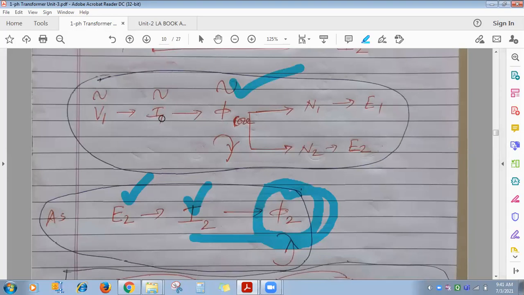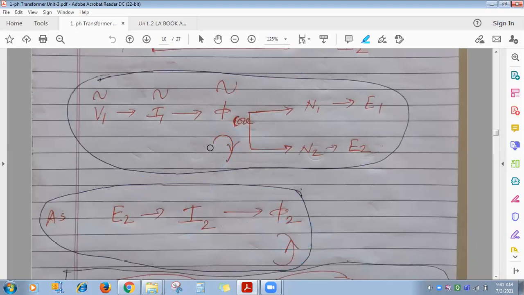Means if the flux because of I1 is flowing in the clockwise direction, then according to Lenz's law, what do you think? Will phi2's direction be the same as the earlier flux, or in the opposite direction? Opposite direction, isn't it?